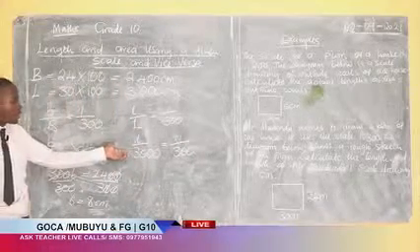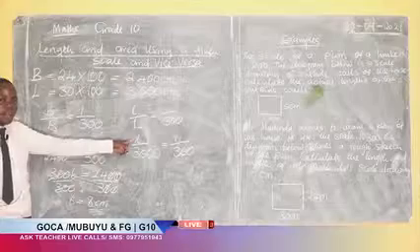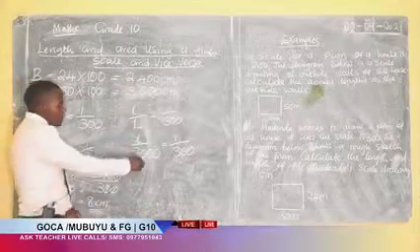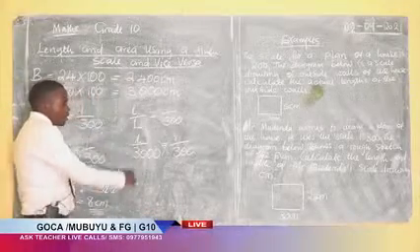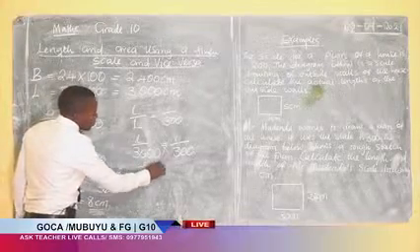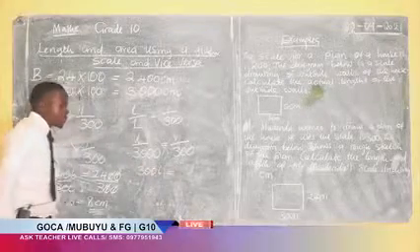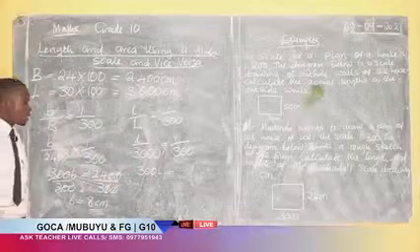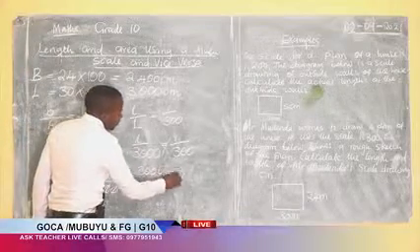Cross multiply here in order to make L the subject of the formula. L times 300, you get 300L is equal to 1 times 3,000, you get 3,000 here.